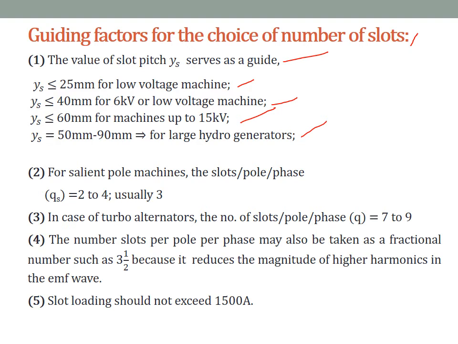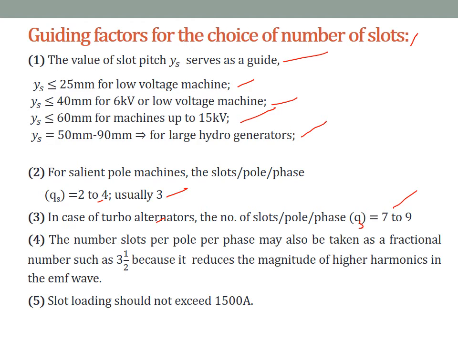Now the second guideline. For salient pole machines, the slots per pole per phase Qs should be between 2 to 4. Usually it is 3. In case of turbo alternators, the number of slots per pole per phase Qs should be from 7 to 9.